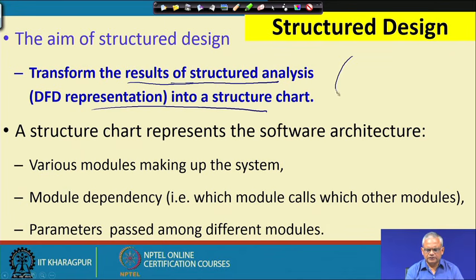So, if this is our set of DFDs, the DFD model, as we are saying, consists of a set of data flow diagrams, the root level, level 1, level 2 diagrams, and so on. Through structured design, we transform the DFD model into a structure chart.